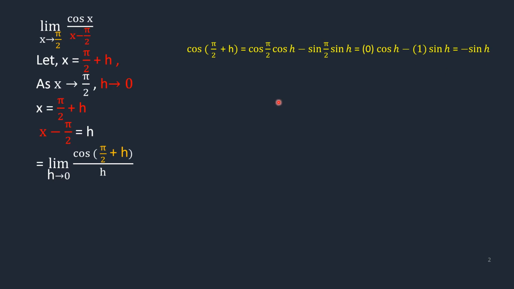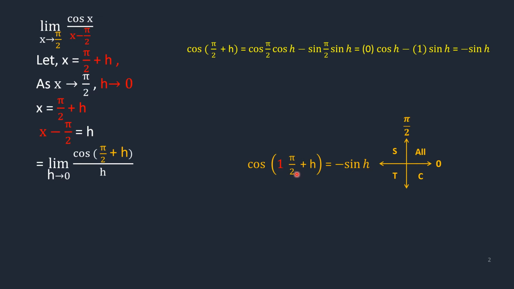Now we will find the value of cos(pi by 2 plus h) by another method. See here, the leading coefficient of pi by 2 is 1 here. 1 is an odd number, so cos will get converted into sin h.